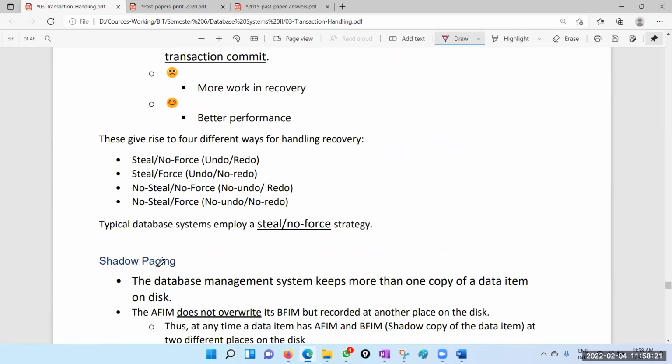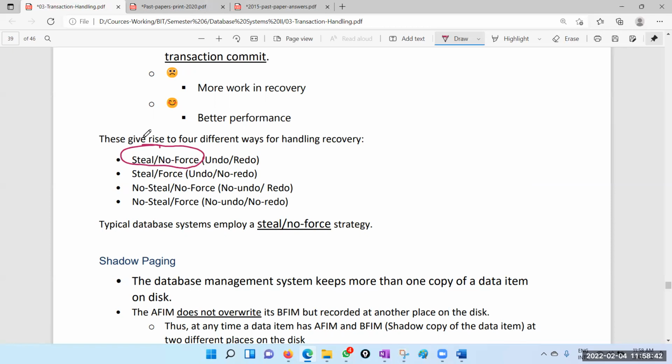So the most challenging situation is when you have steal and no force. Steal means uncommitted transaction data is flushed to the database. No force means committed transaction data is not flushed to the database files.